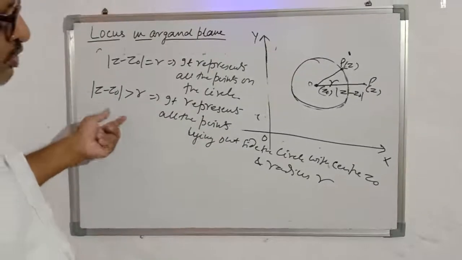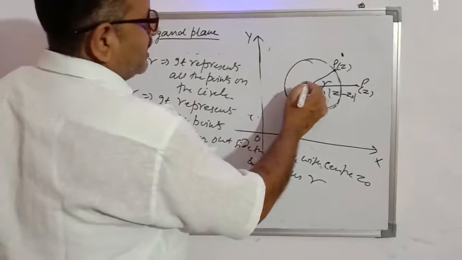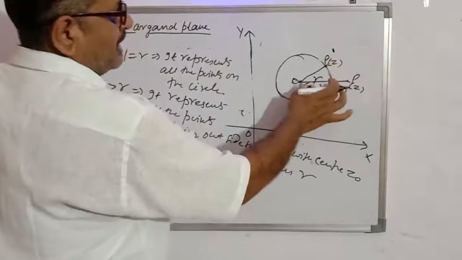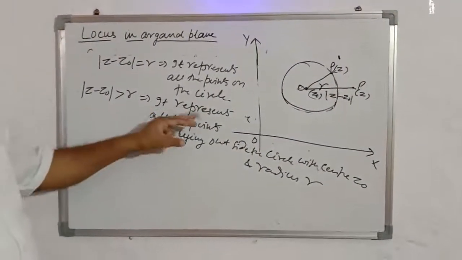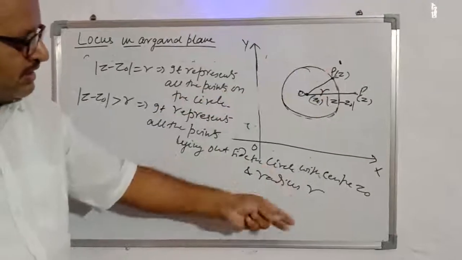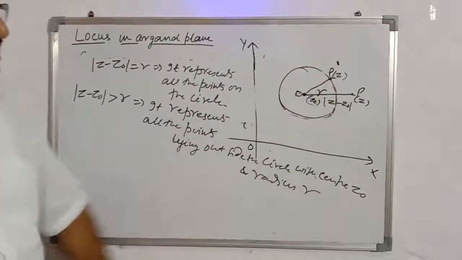Mod z minus z0 means the distance between the center and the point P. If it is greater than r, it means outside the circle. It means it represents all the points which lie outside the circle with center z0 and radius r.